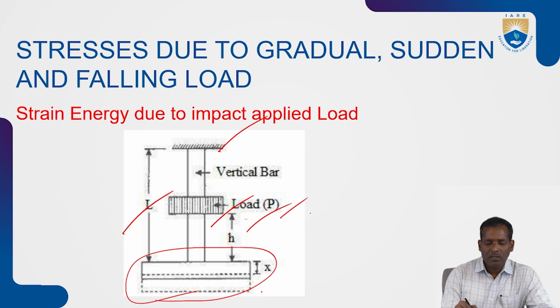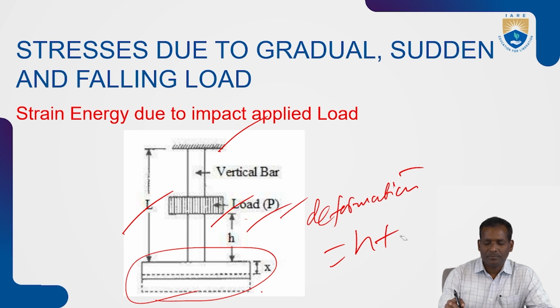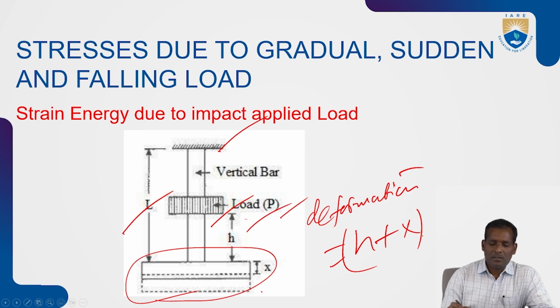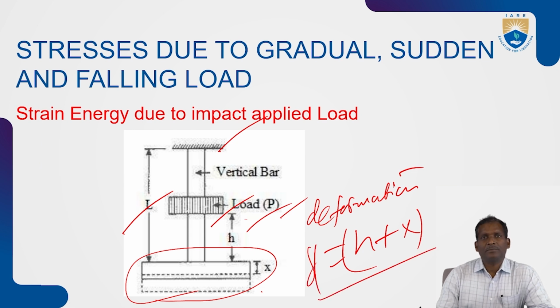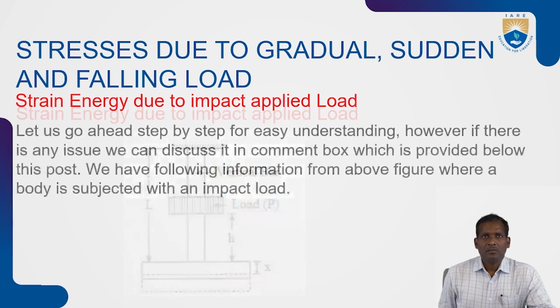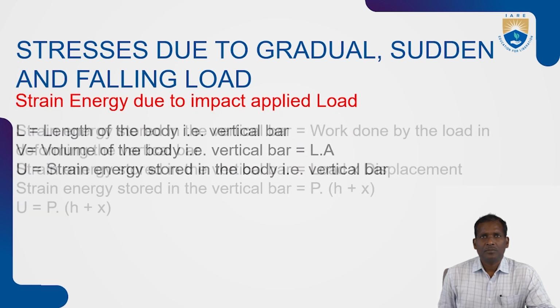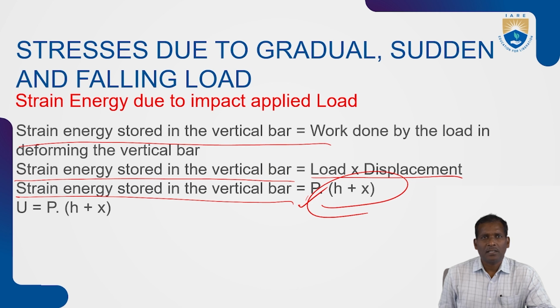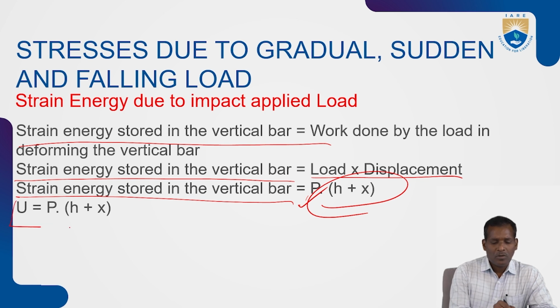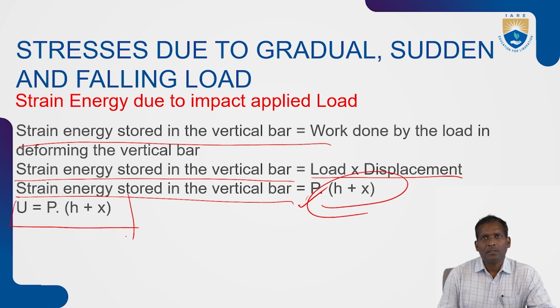So the total deformation is H plus X. This is delta L. So in this strain energy calculation, the strain energy stored in the vertical bar is equal to the load multiplied with the total displacement.